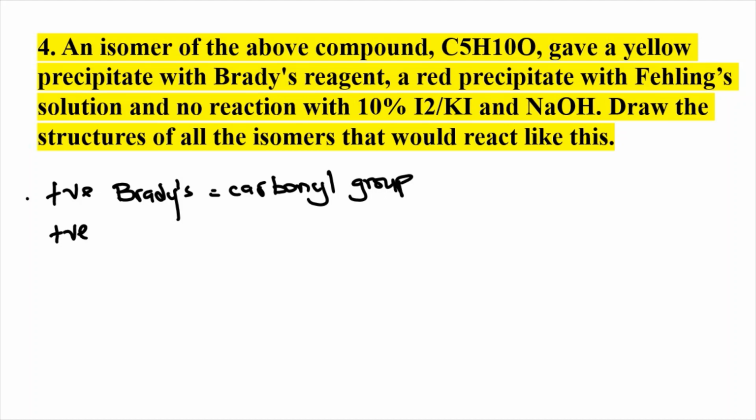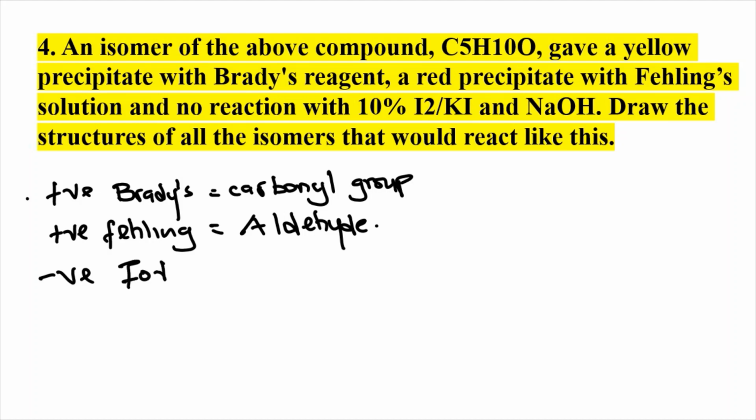So positive Fehling's. We now know that this is an aldehyde. Why is it an aldehyde? Because the Fehling's test is positive. And they're telling us that there is a negative iodoform test. So meaning that there is no terminal methyl group. No terminal methyl.